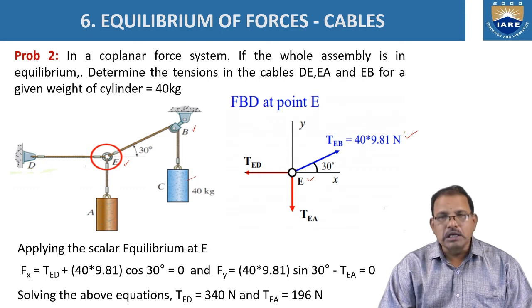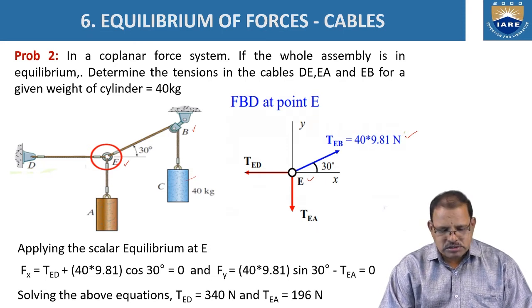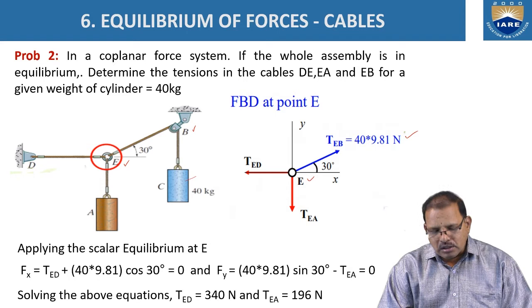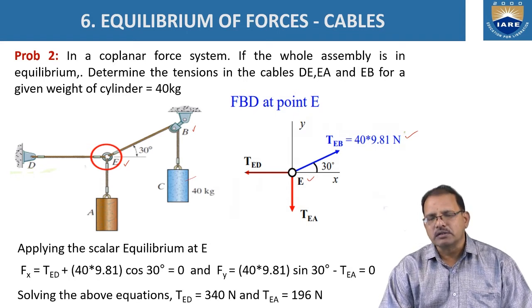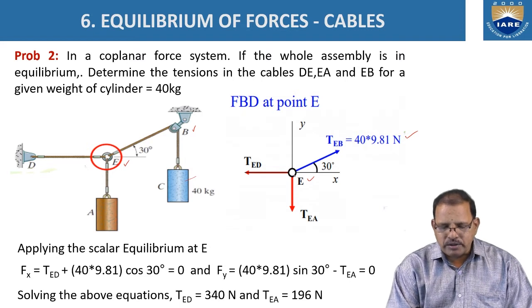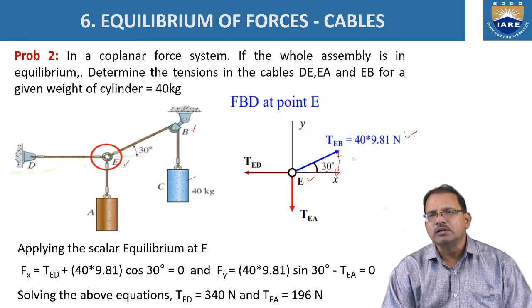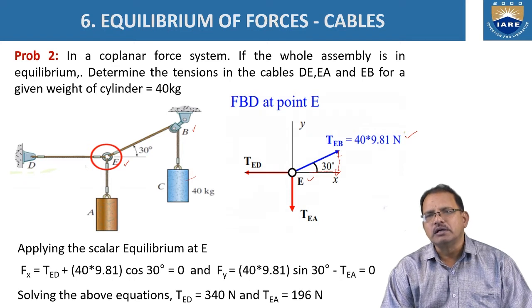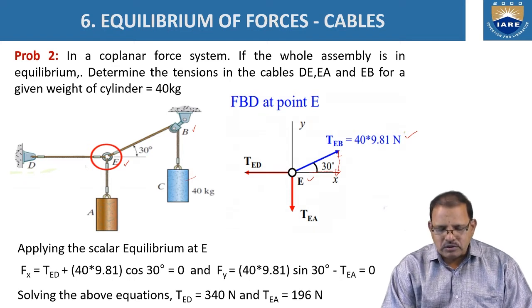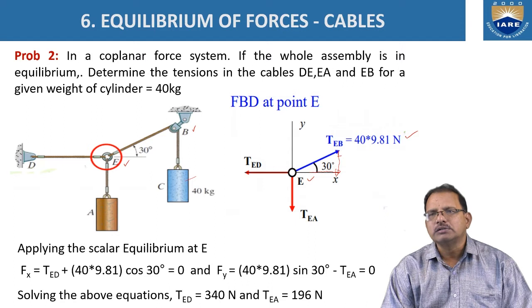Now applying the equilibrium conditions for the system, the first step is to resolve the forces along the x direction and the y direction. The component T_EB is resolved into two components, one horizontal and one vertical. The horizontal component acts toward the right side, so it is treated as positive, equal to T_EB cos 30, and T_ED is toward the left side.